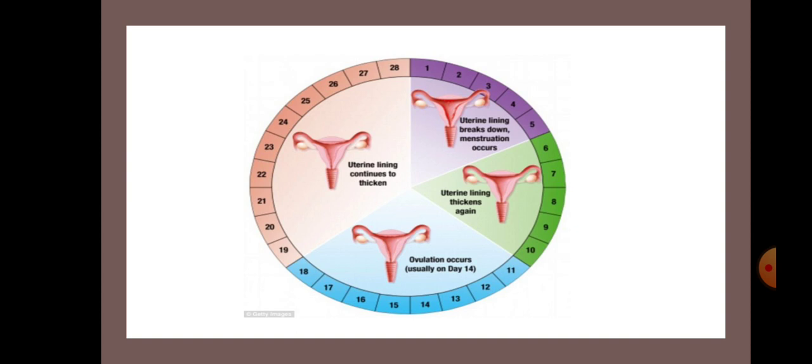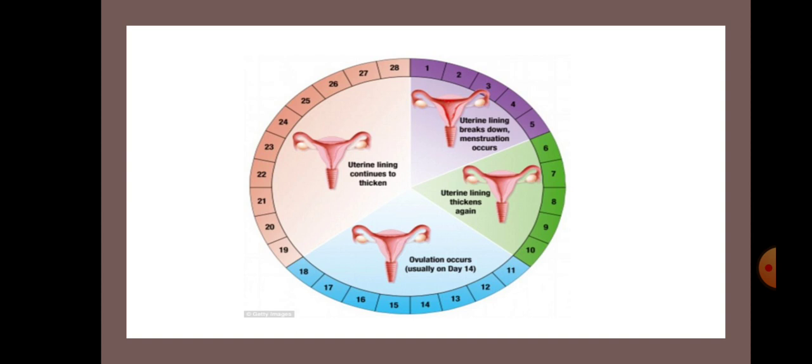If a fertilized egg is implanted on the wall of the uterus, it starts producing hormones which are necessary to maintain the corpus luteum. One such hormone is human chorionic gonadotropin.